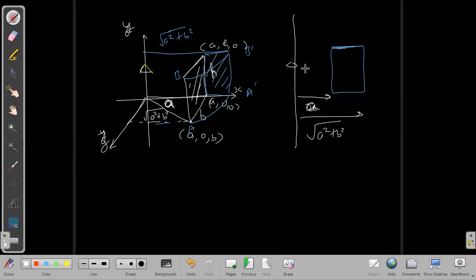Height was given b or h? H, sir. H only was given. Height is h. So now it is same as before. Understood? Did you get this or not? Yes, sir. Then we can write the answer for this. Okay, right.